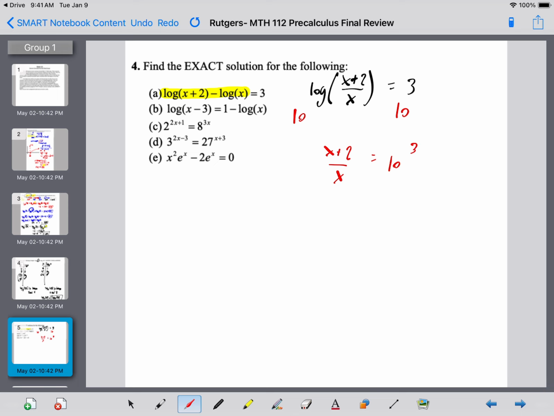Now, what I could do is multiply by x. So I have x plus 2 equals 1,000 times x.